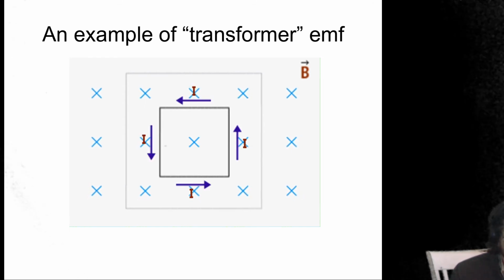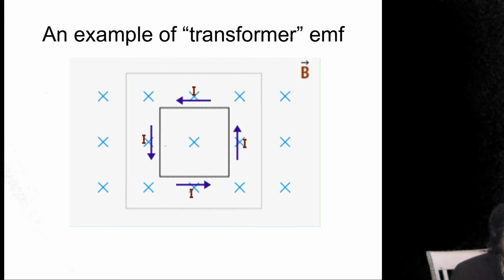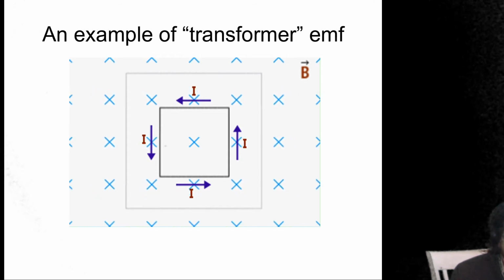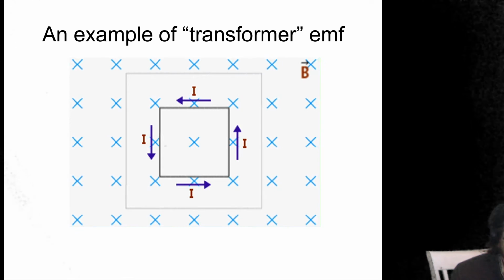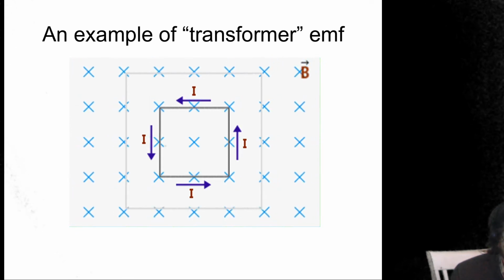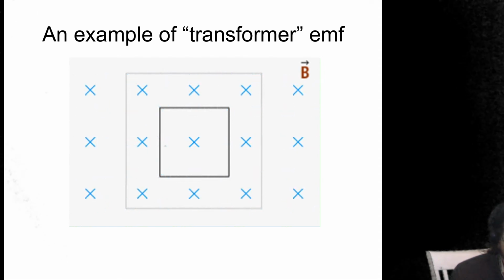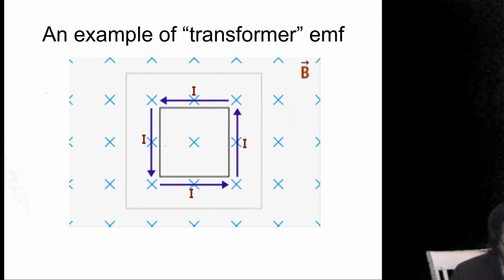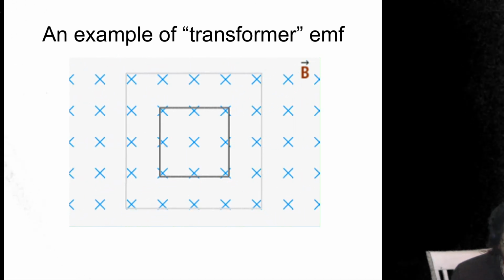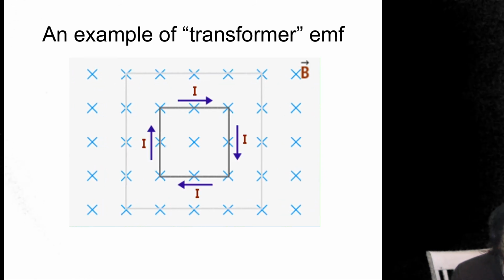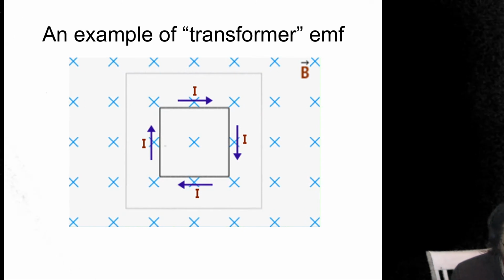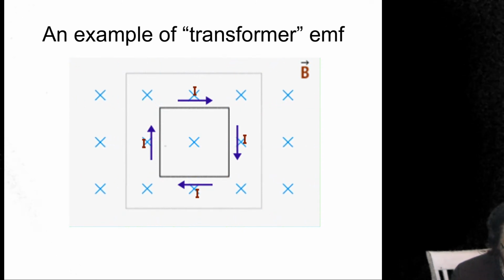As the field is increased in strength, an EMF is induced in the loop, causing a current to flow. If we increase the magnetic field at twice the original rate, the induced EMF and the current in the loop will be twice the original amount. Decreasing the field moves field lines out of the loop and produces an EMF acting in the opposite direction.